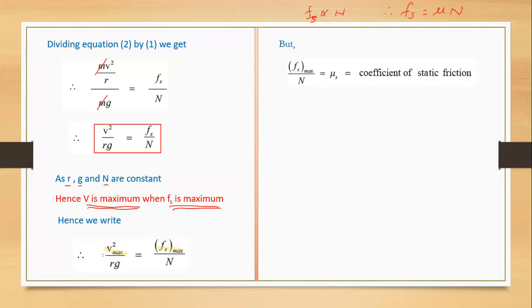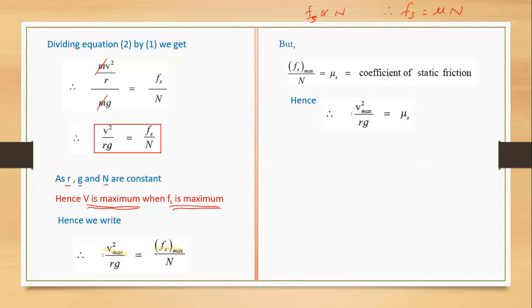By that formula, we get Fs maximum divided by N is mu s, the coefficient of static friction. That we have to substitute in the equation. Hence, we get v square, the maximum value of v square, divided by rg is equal to mu s.